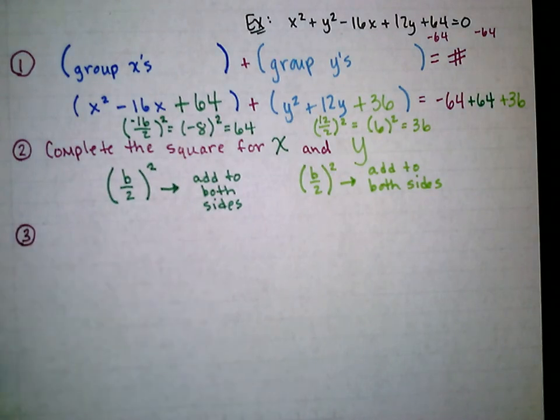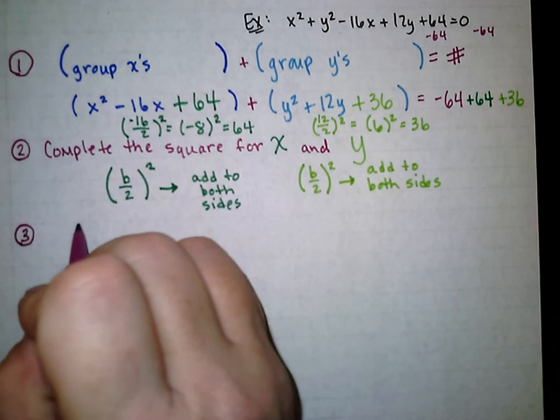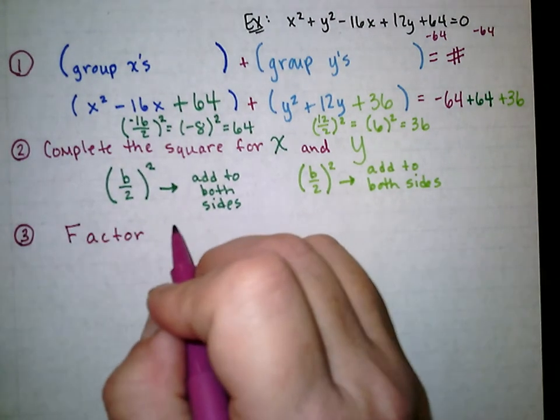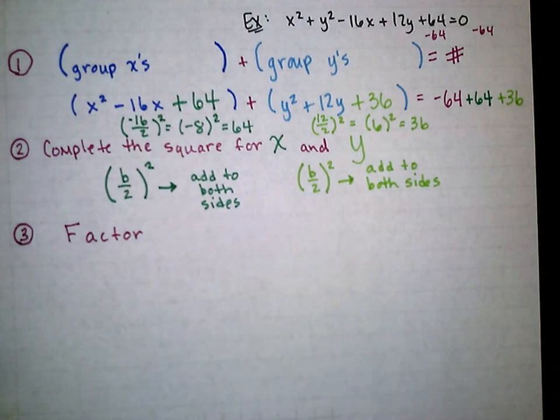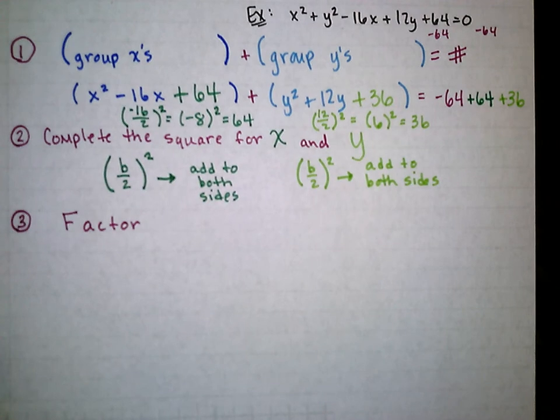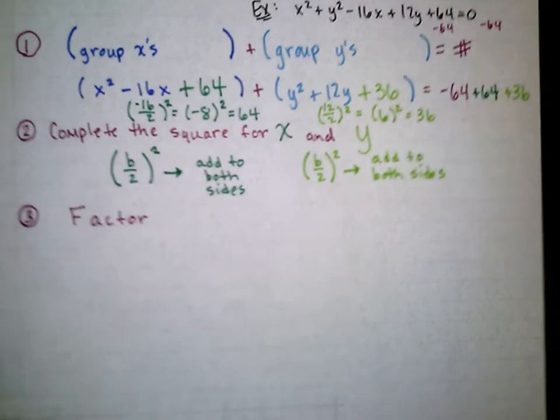The next thing we're going to do is factor both of those. Factor x and factor y. When we do the factoring for completing the square, it's not really factoring.